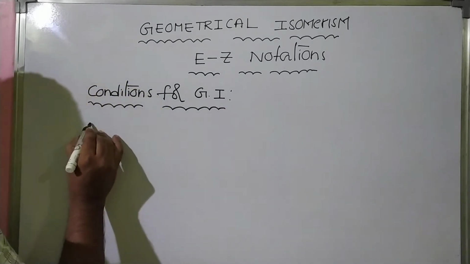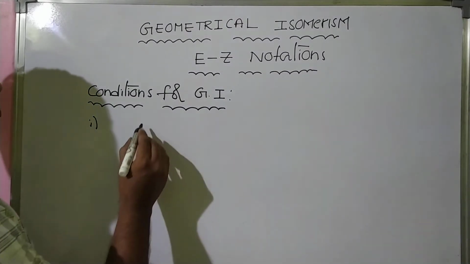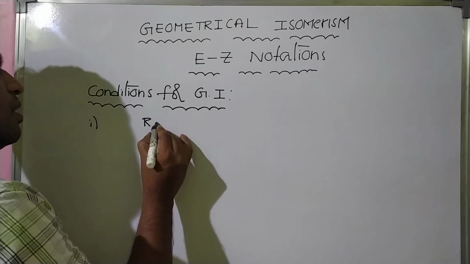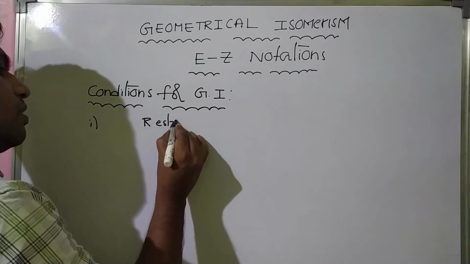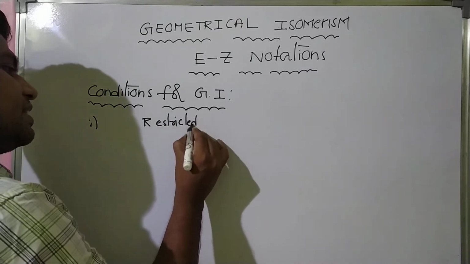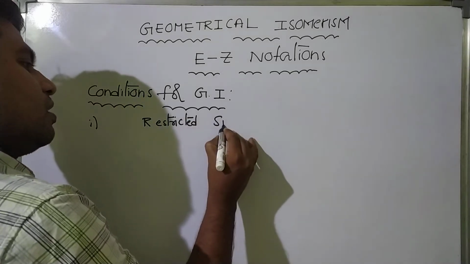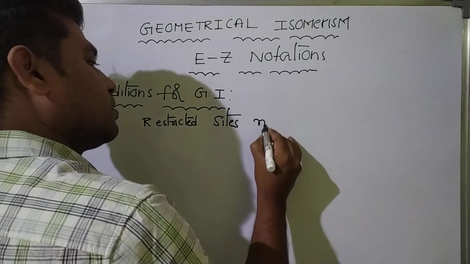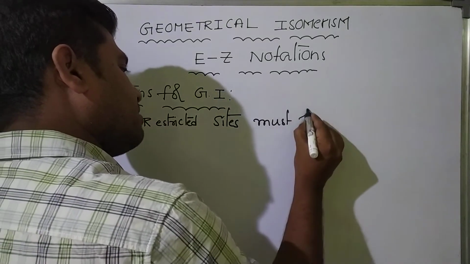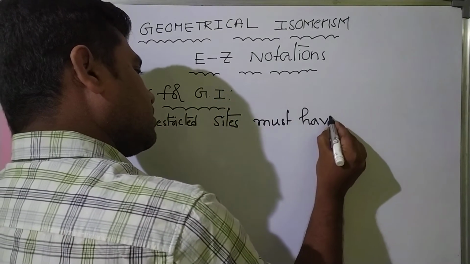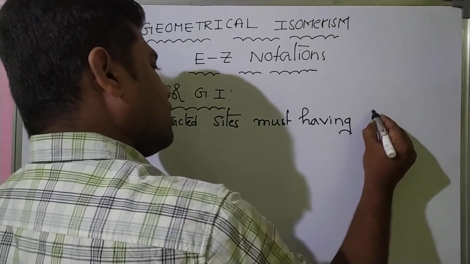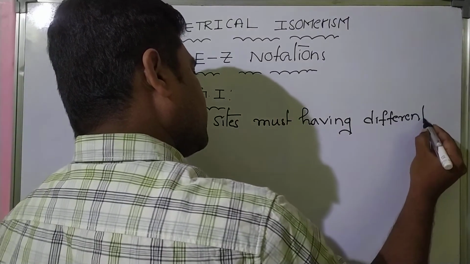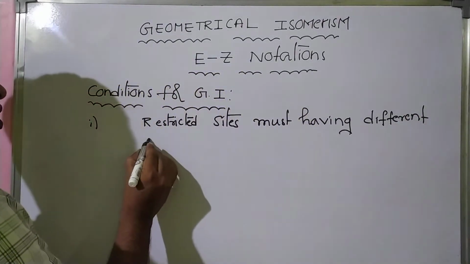The first condition is restricted sites must have different groups.